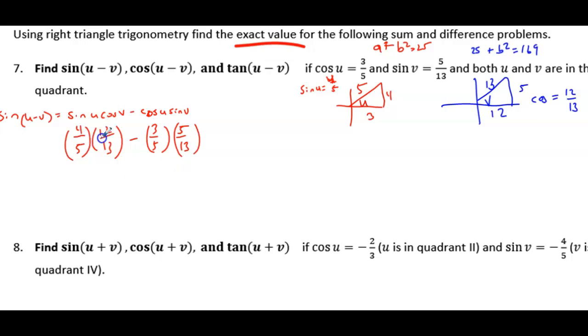So now we just multiply this. We get 48 over 65 minus 15 over 65, right? So 48 minus 15 is going to be 33 over 65. So that's sine of u minus v.